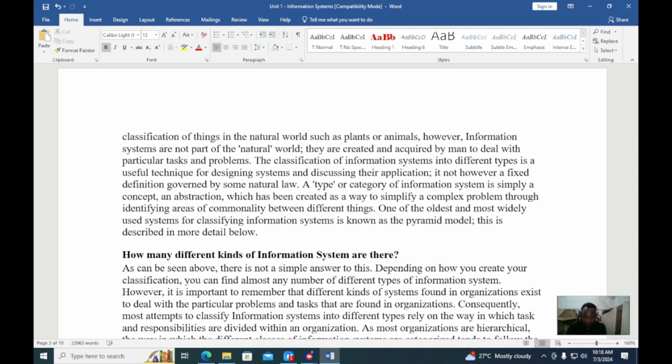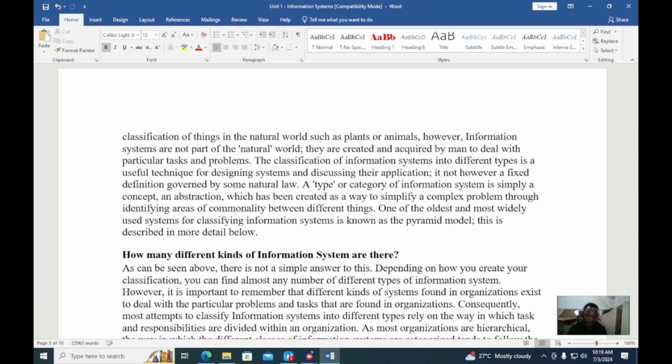We don't have any fixed definition brought in by some law or natural law, but when we look at a type or category of an information system, we are simply looking at a concept or an abstraction. Okay, so it is designed as a way of simplifying a complex problem by identifying some areas that are common in these different issues.